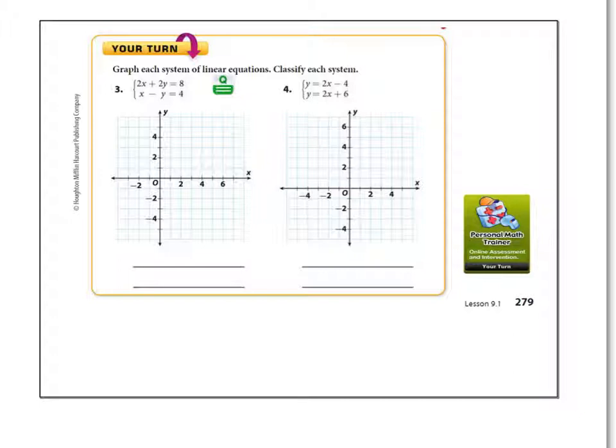So on number 3, we're going to take the first equation, 2x plus 2y equals 8. And I want you to solve that for y. So go ahead, pause this, take a minute to solve for y, and then we'll move on from there. To solve this one for y, you should have subtracted 2x.